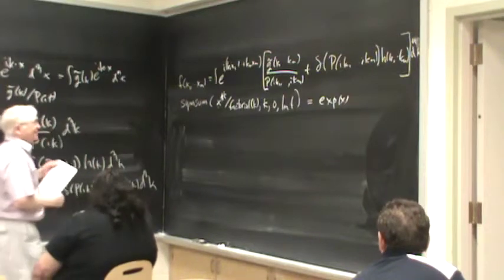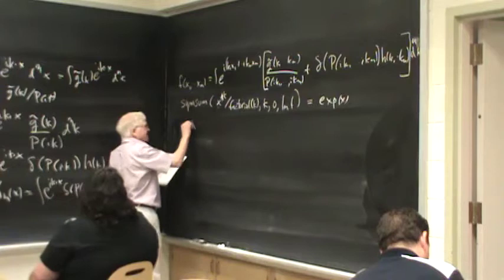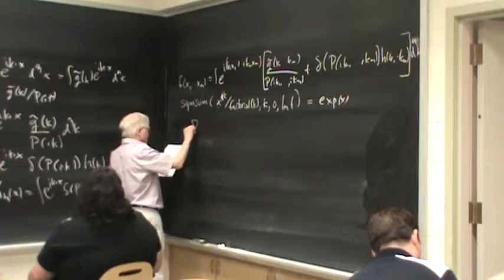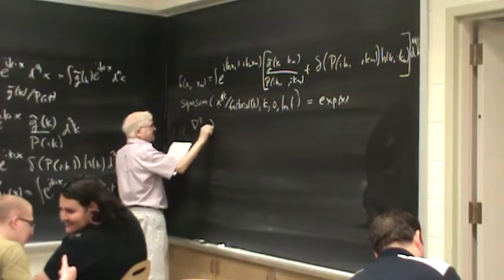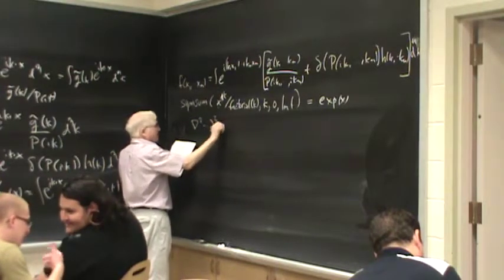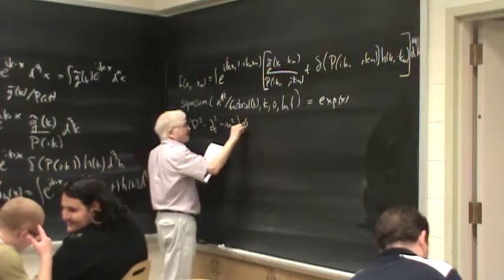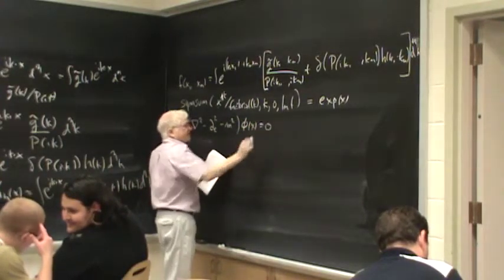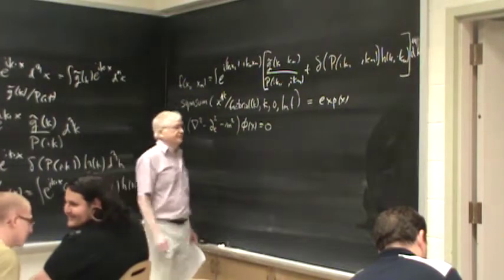Okay, so let's think about a free scalar field. We have grad squared minus d by dt squared minus m squared, acting on phi of x, equal to 0. This actually is the equation Yukawa wrote down.